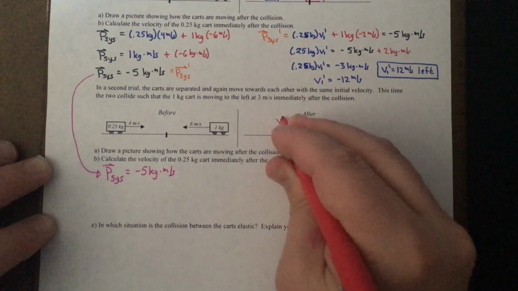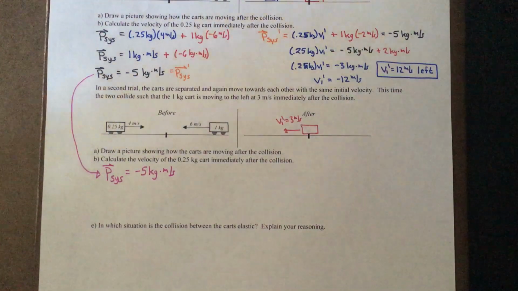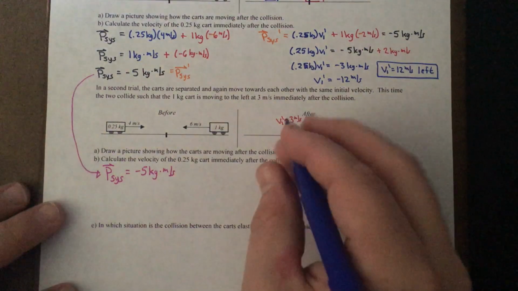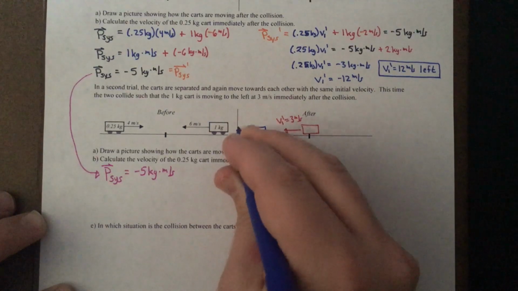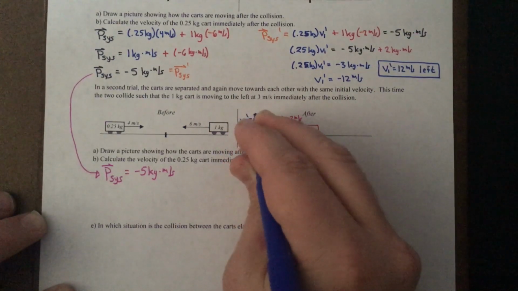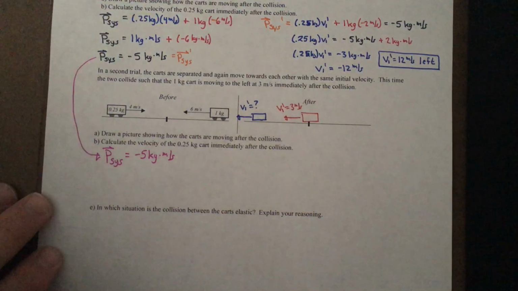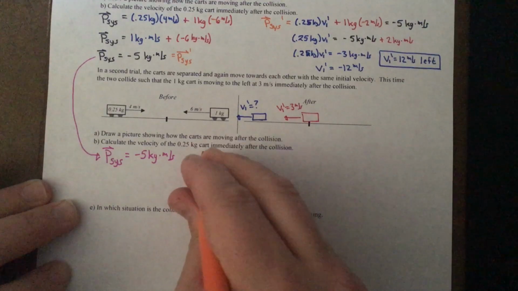So V1 prime now equals 3 meters per second. And again, we want to figure out what the 0.25 kilogram cart does. I'm going to guess that it doesn't go as fast as it did before, so I'm just going to draw an arrow about yay big. And then again, let's do a momentum conservation equation.